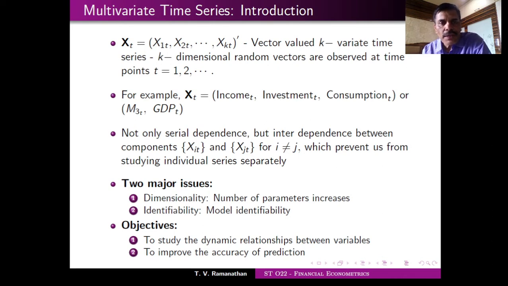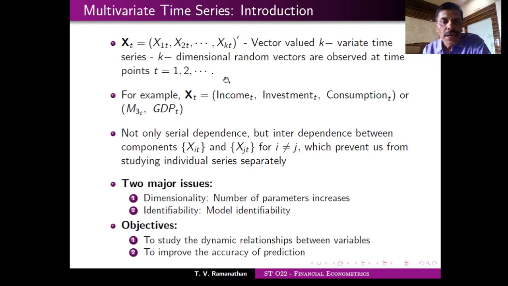Now, in this particular unit, we are going to observe a vector valued time series, because it is not enough to always deal with univariate time series. For example, there may be correlation or association between different variables which are being observed at the same time.